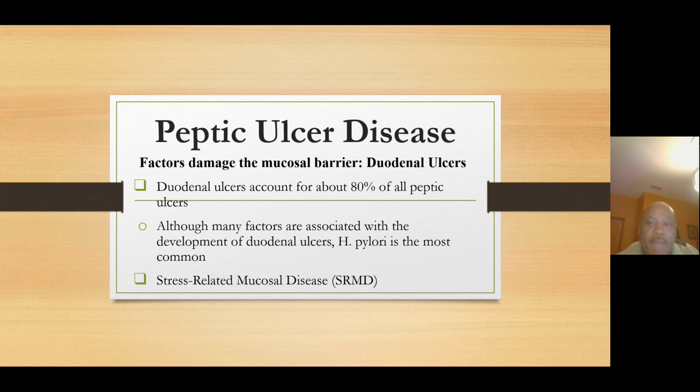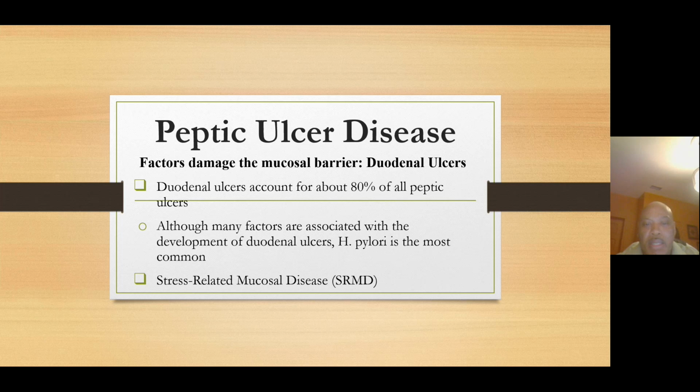Now, although many factors are associated with the development of duodenal ulcers, Helicobacter pylori, but let's just call it H. pylori for the time being, is the most common. All right, and also stress-related mucosal disease, or SRMD, is a contributing factor to duodenal ulcers.